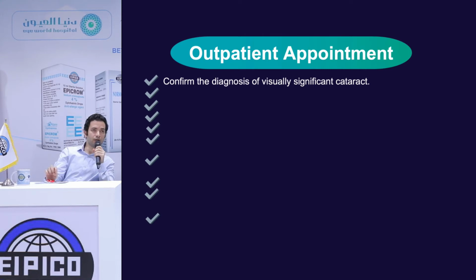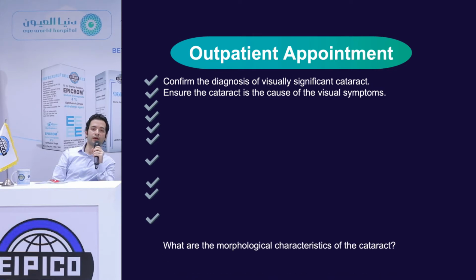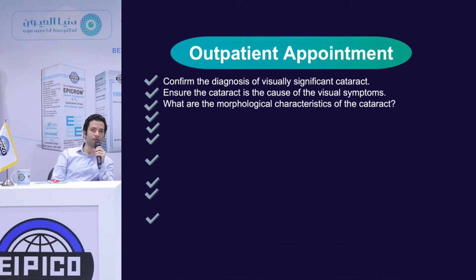Also, regarding the cataract, you have to check the characters of the cataract, as we mentioned: what is the morphology of the cataract, and what are the different functional aspects of the cataract. You know that the visual requirements for patients are very variable.